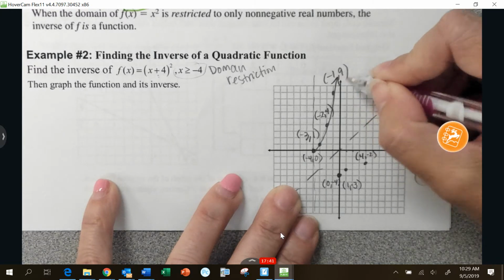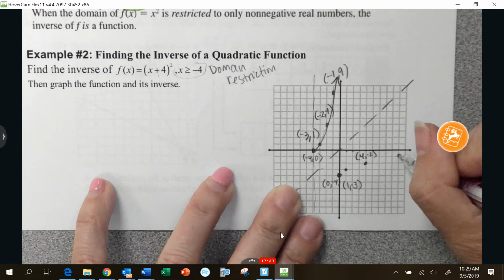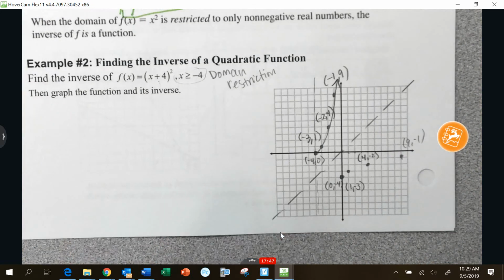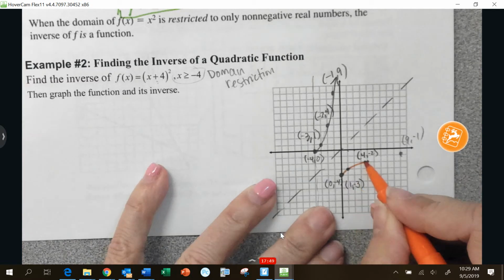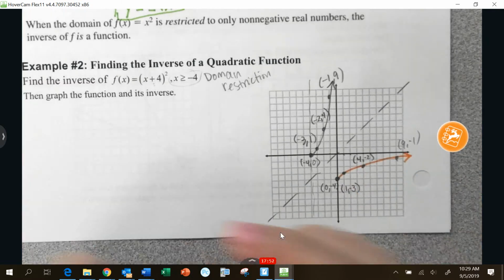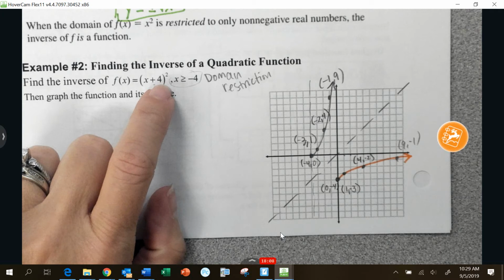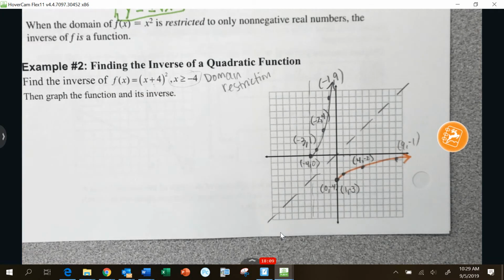And negative 1, 9 will be 9, negative 1. And just looking at the shape of this graph, could you tell me something about that equation? It's going to be a square root. And if you look at the equation that's squared, we know the inverse of squared is square root. So we're giving ourselves some hints here.